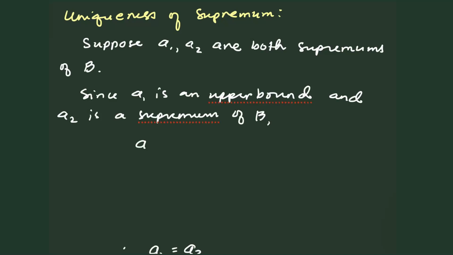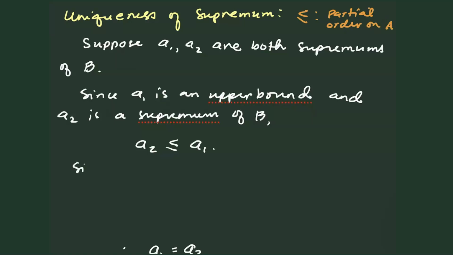So this means that A2 is less than or equal to A1, correct? Again, this less than or equal to is the partial order relation. Let me write it here. This is the partial order on the set A.